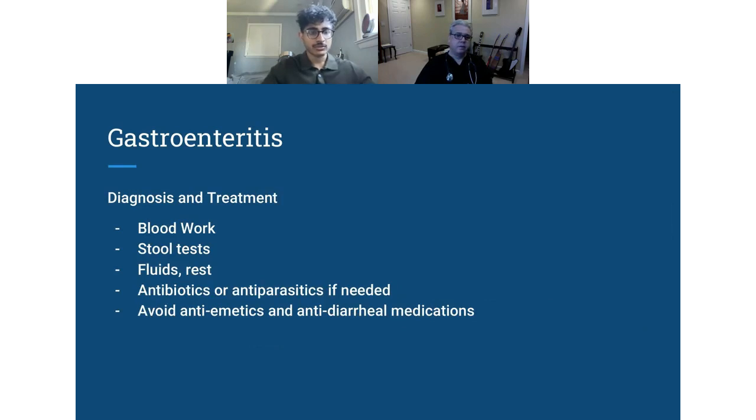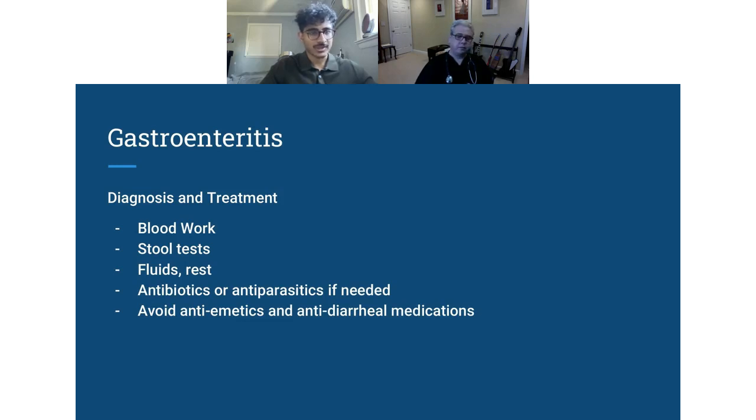And for diagnosis and treatment, generally, similar to appendicitis, we do blood work and stool tests. Fluids and rest are really important here. Supportive treatment is key to improving the symptoms. And if a bacterial or parasitic infection is suspected, we'll treat that with medication accordingly, with antibiotics or antiparasitics. And you want to avoid giving your kid anything that would stop the diarrhea or nausea.